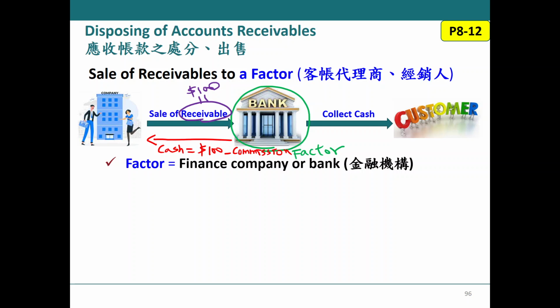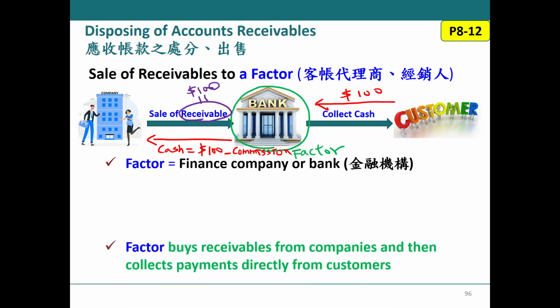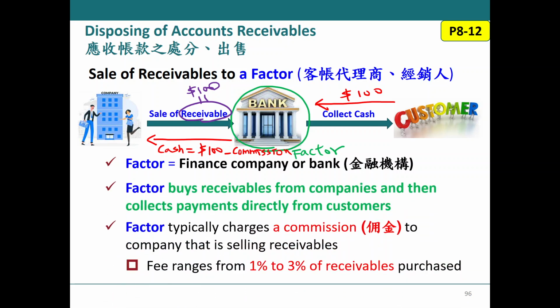So later on, when the bank goes to the customers, the customers have to pay the cash to the bank. How much? 100. Okay, so what can the bank get? Commission. Okay, so the commission, how much? Not sure. 1%, 3%, 5%.